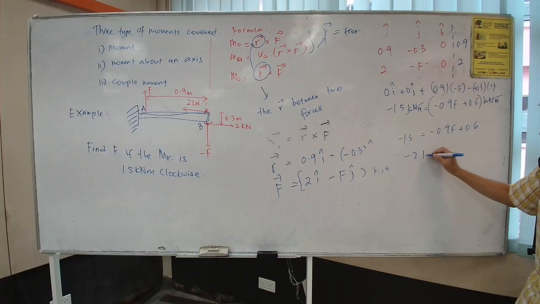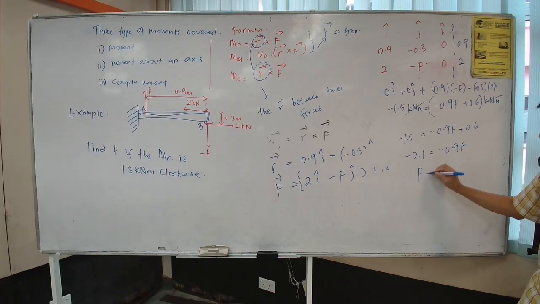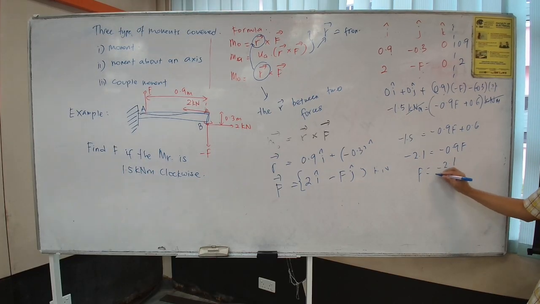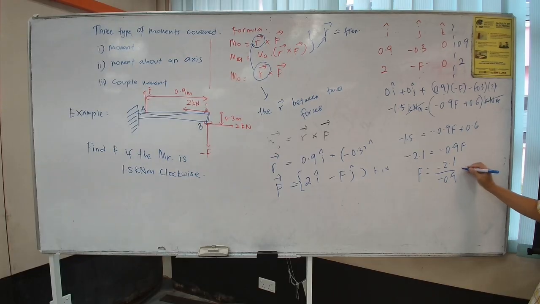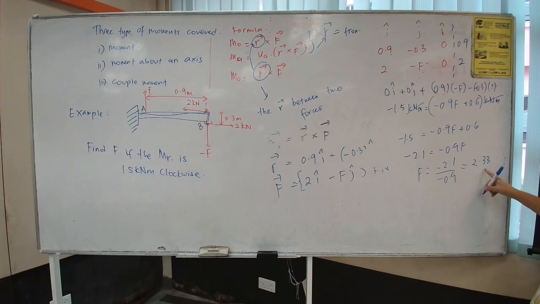Negative 2.1 equals negative 0.9F, so F equals negative 2.1 divided by negative 0.9, which actually equals 2.33. Newton or kilonewton? Kilonewton. So this is the answer.